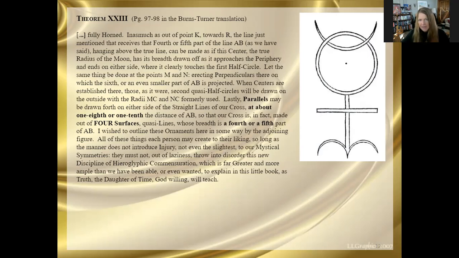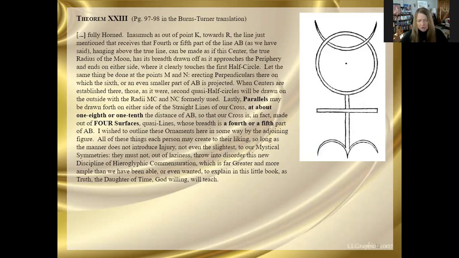So his at maybe 1/4, maybe 1/5. Now, I won't go into all the things you can do here, but if you wanted to study this in terms of sacred geometry, right now it is valuable to look at why a fourth or a fifth or an eighth or a tenth. There actually are some significant reasons for that, but I'll leave that for you to explore on your own.